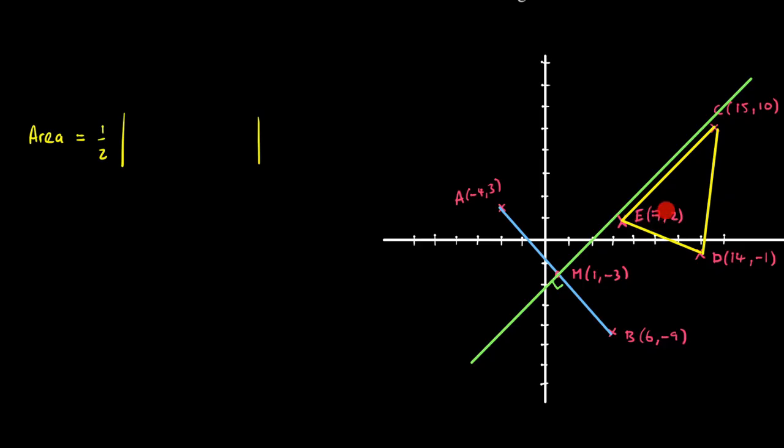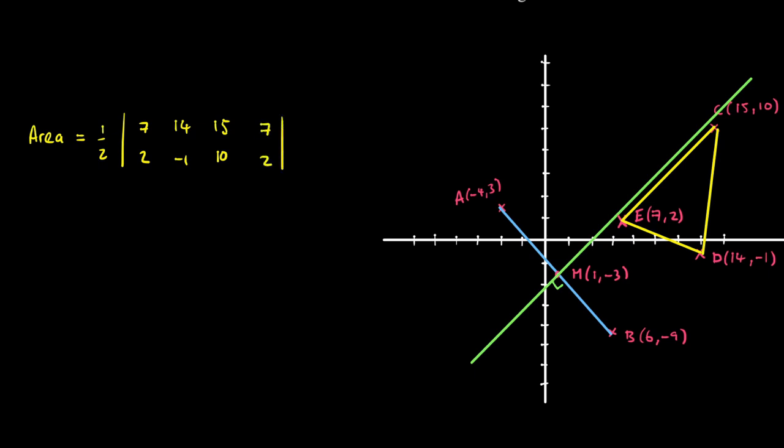So we're going to start here with the coordinate 7, 2. I go round to the next coordinate, which is 14, negative 1, and around to the next coordinate, which is 15, 10. But then I need to take the first coordinate and write it down again. So the first coordinate was 7, 2, so I'm going to write down 7, 2 again.